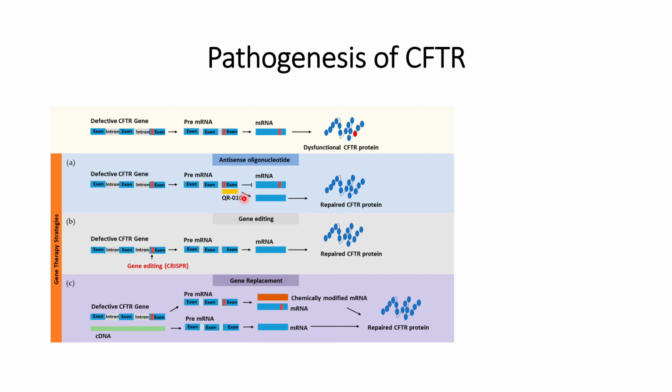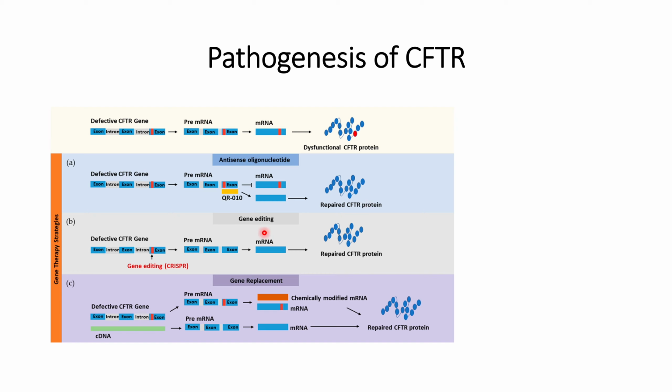This has been tested, and is known as QR010. It has been tested to correct this defect and form a corrected mRNA that finally can be translated into a repaired CFTR protein that is able to perform the required function.